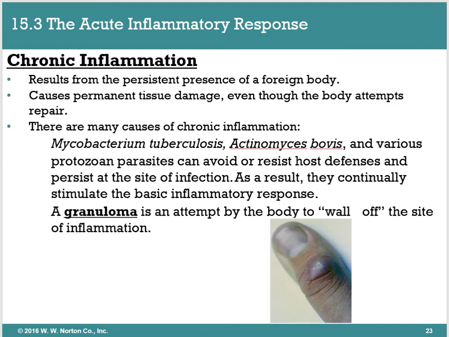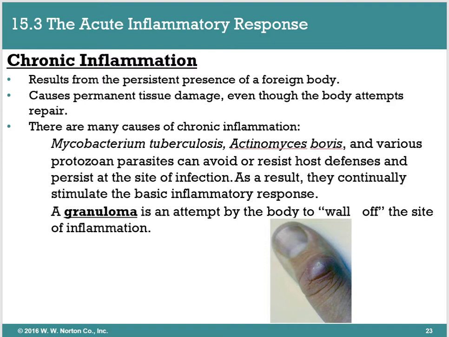And then there are many causes of chronic inflammation. It doesn't have to actually be microbial based. It can be genetic based, such as rheumatoid arthritis, which does have a genetic component to it. But there are a lot of microbes that do this, and that's M. tuberculosis. It does that. Also, there are a lot of parasites.